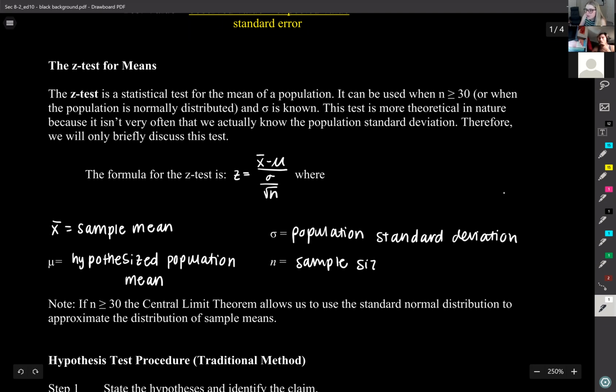So hopefully these words should all be familiar, which should help. The only one that might be different is the hypothesized population mean.